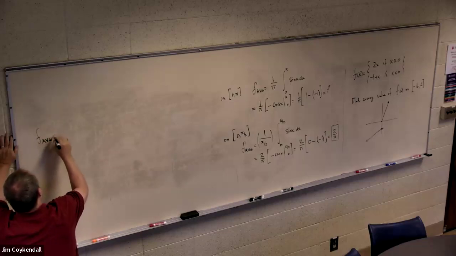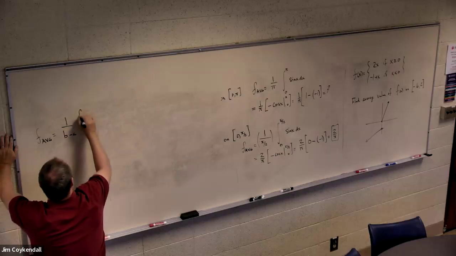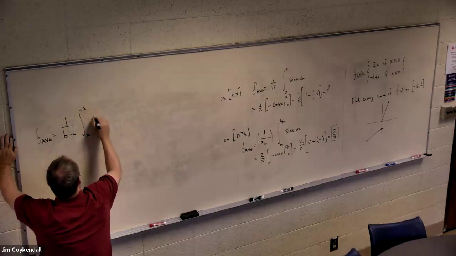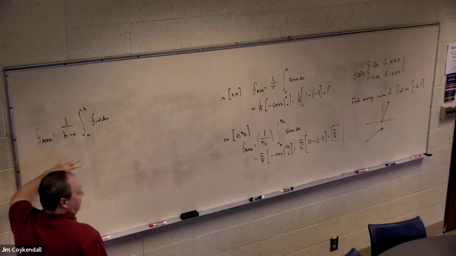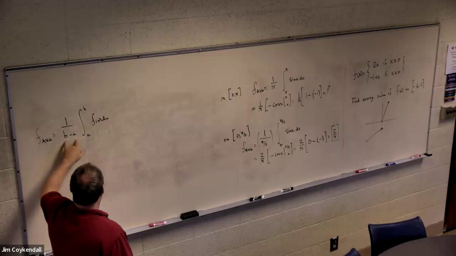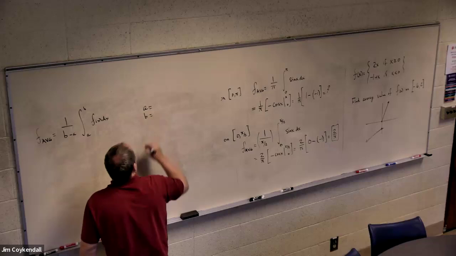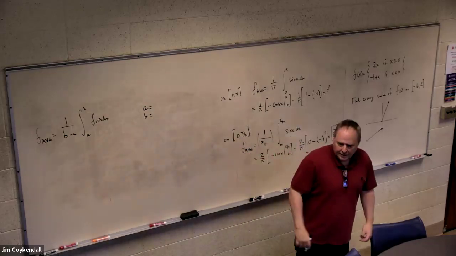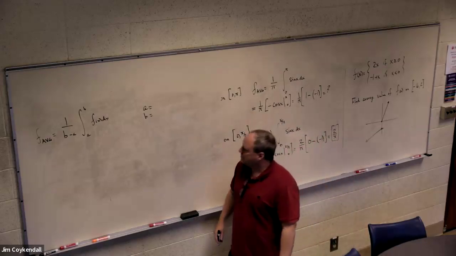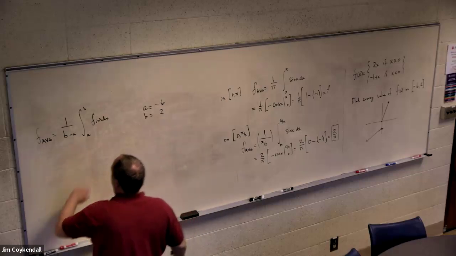F average is 1 over b minus a, times the integral from a to b of f of x. Okay, so let me fill in some of this. What's a and b here? Good. So this is 1/8.